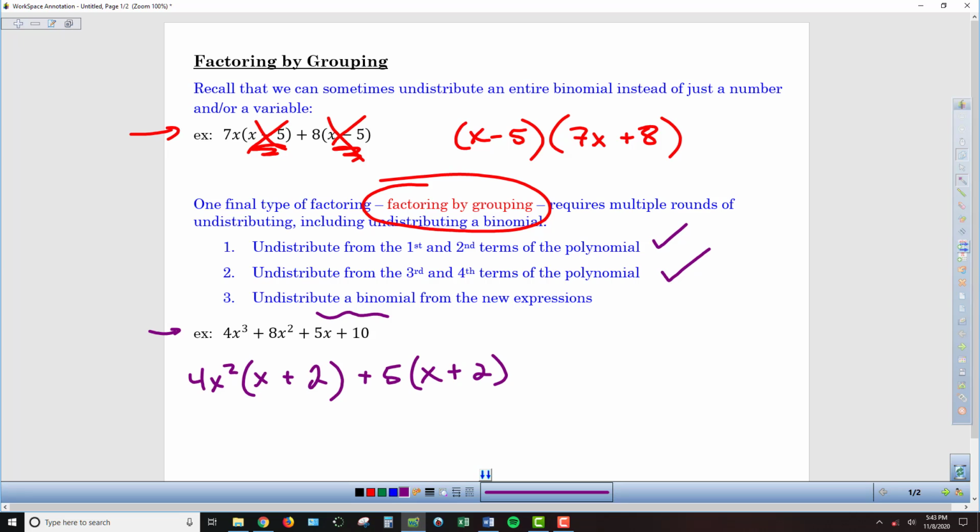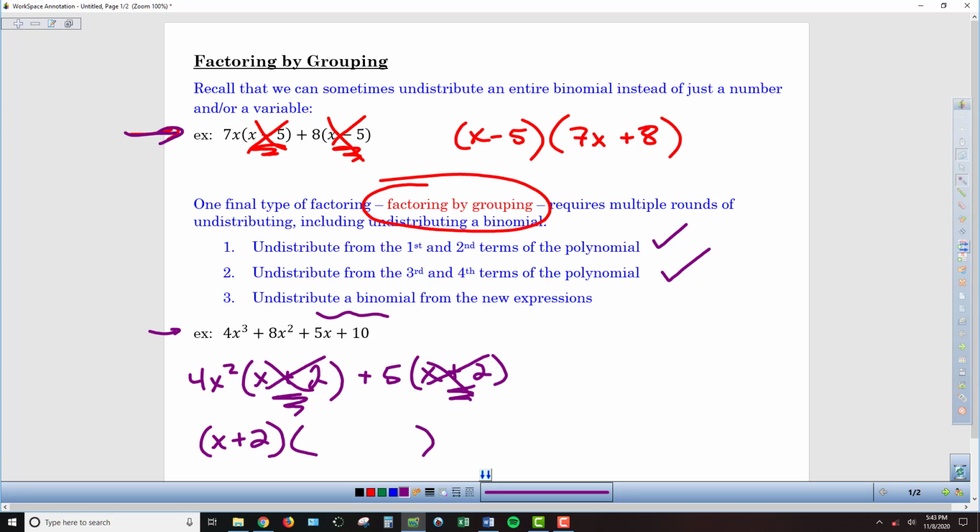And so now I'm on step 3, which is representative of what we saw up here, where now if I look at the two parts of the expression, we can see that both of them have an x plus 2 in them. So I'm going to undistribute an entire set of parentheses. So I'm going to take out that x plus 2, and so if I cross those off, well, what's left behind?